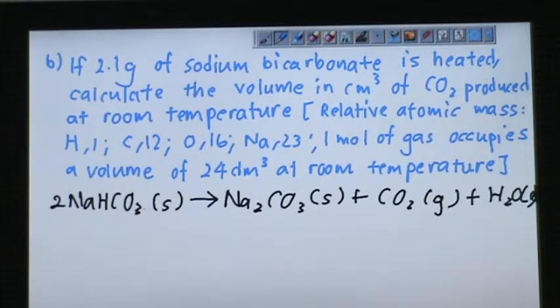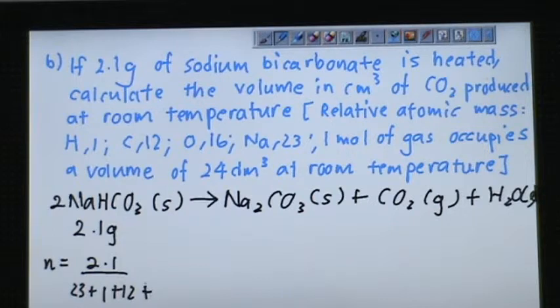Okay, so here 2.1 gram. We find the number of mole first. The number of mole is 2.1 divided by NaHCO3. Na is 23, H is 1, C is 12, and there are 3 sets of oxygen atoms, so that will be 48. 3 times 16 is 48.